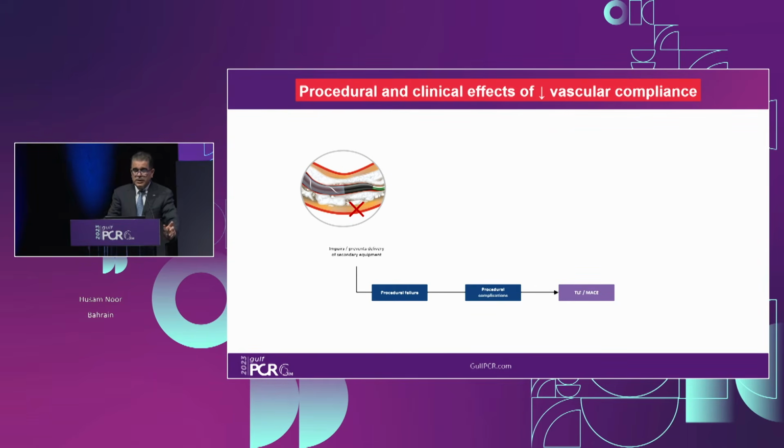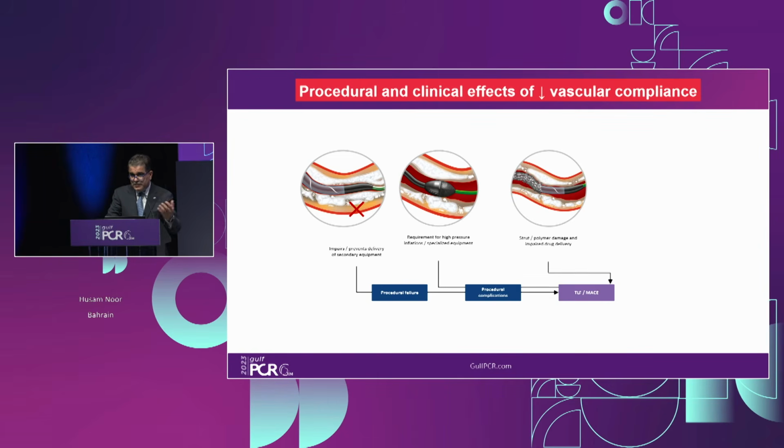Now, going back to the issue of vascular compliance, what happens with the calcium? As we have seen in the case, it impairs and prevents the delivery of your material, your balloons, your atherectomy device, or even your stent. Then you require using some devices to make the vessel more compliant.